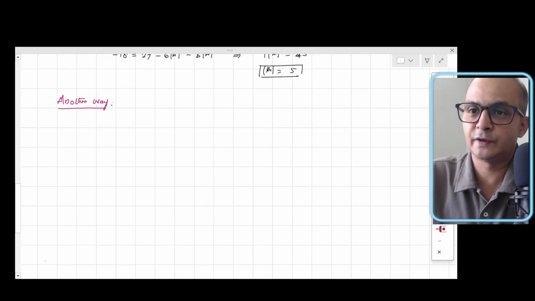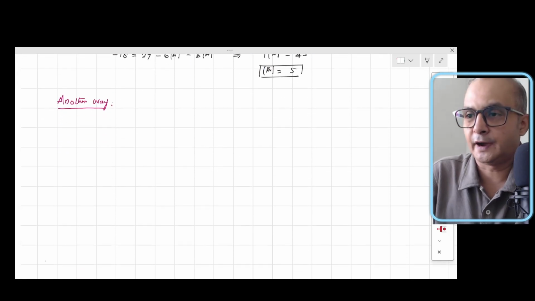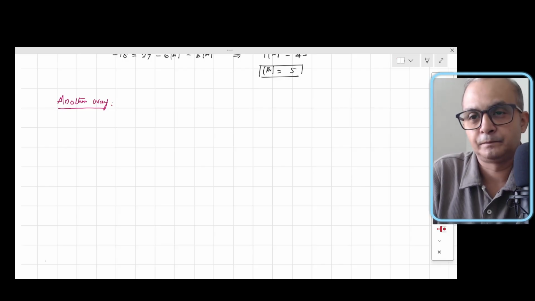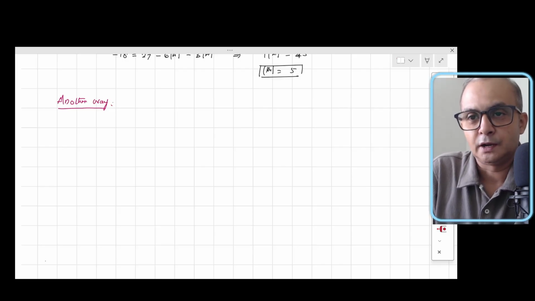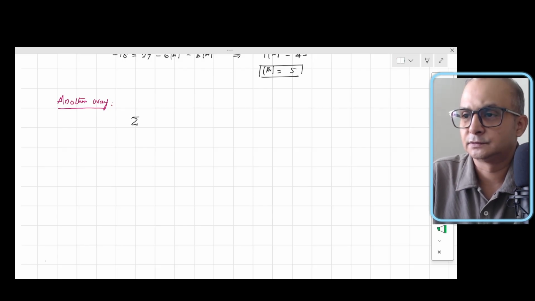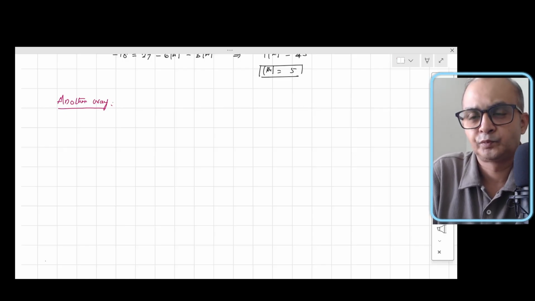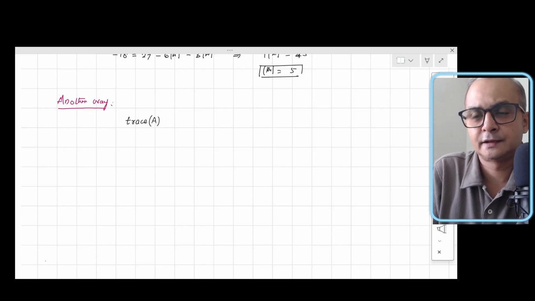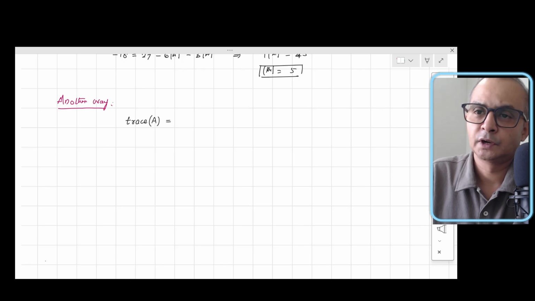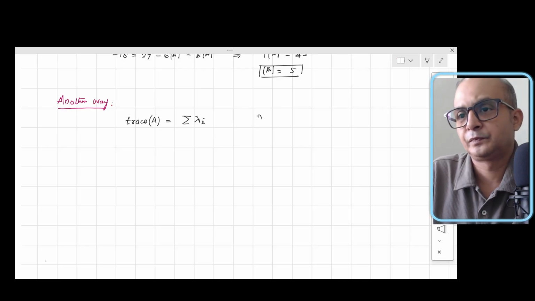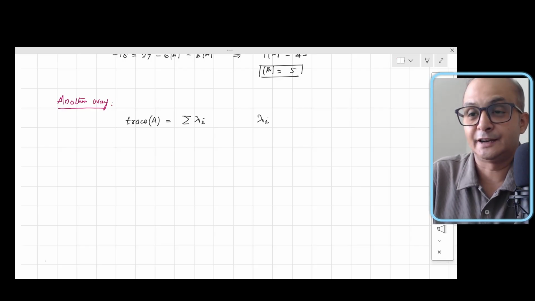So here another way is, if I say that the trace of A is the summation of all the lambda i. Lambda i, not delta, sorry.